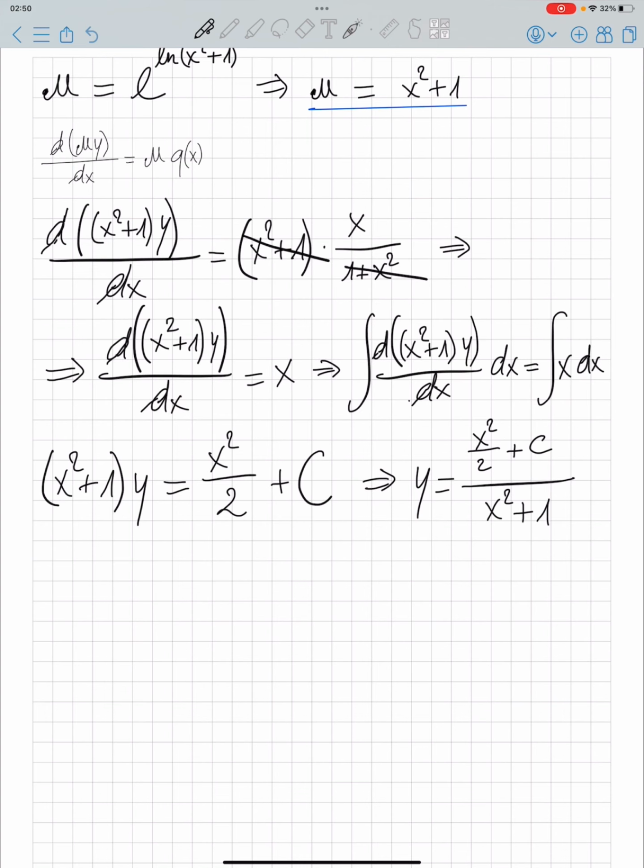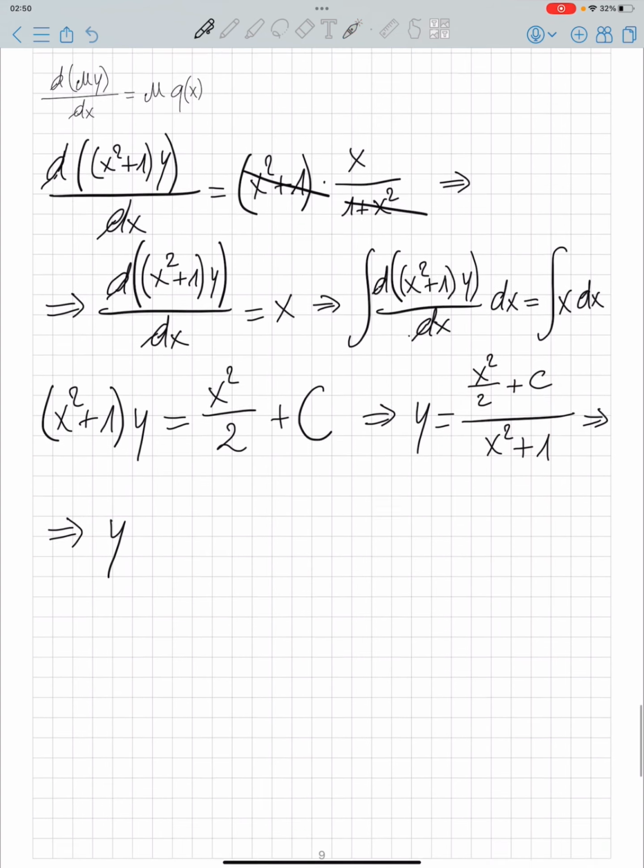So this implies that y is equal to (x squared over 2 plus c) divided by (x squared plus 1), right? Now, like we did before, the first divided by the denominator and the second divided by the denominator. We're gonna separate them, right?